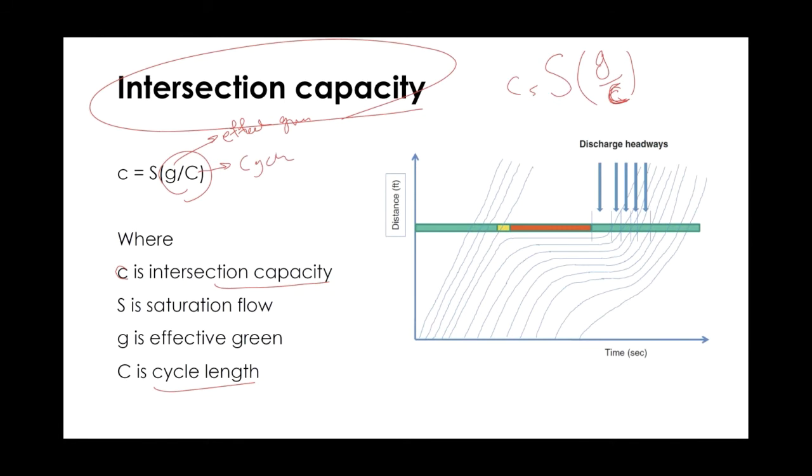It gives us the available time for the vehicles on that approach to move, right? So if we multiply this g over C ratio by the saturation flow, we can calculate the capacity of the intersection.